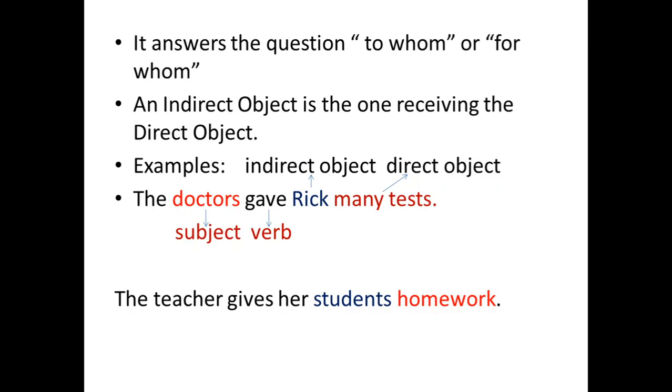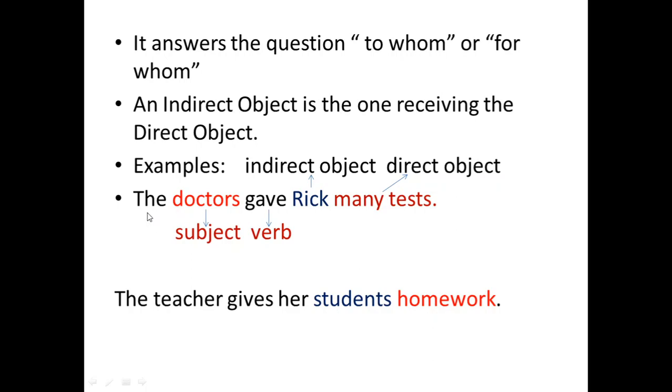So if we want to find out the direct object of this sentence, we will have to create the question to what or whom. Now that we are talking about people, we have to use whom instead of what. So the question will go like this: To whom the doctors gave many tests?